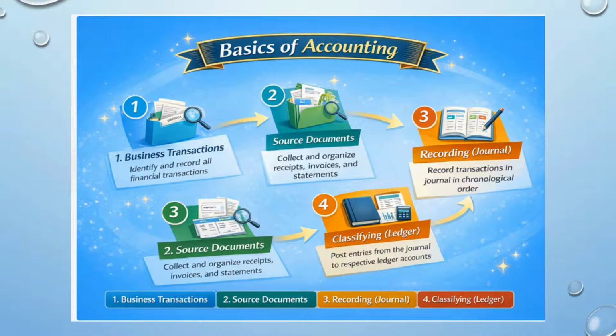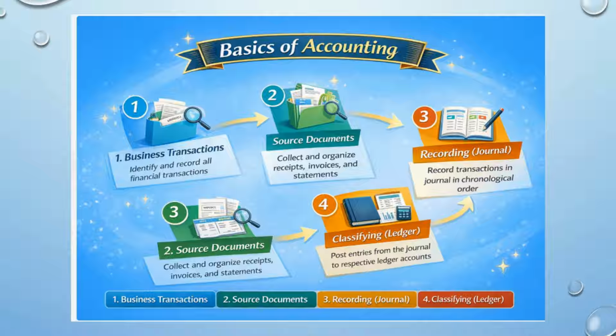Recording of that: we record the journals of accounting of the transactions after identifying the business transaction and the source document. We are recording the journals in chronological order, meaning sequential order.